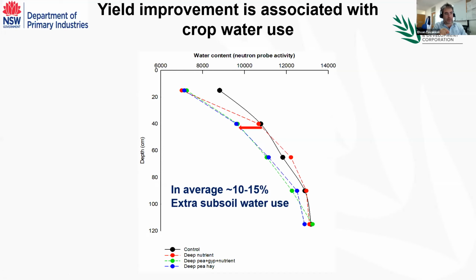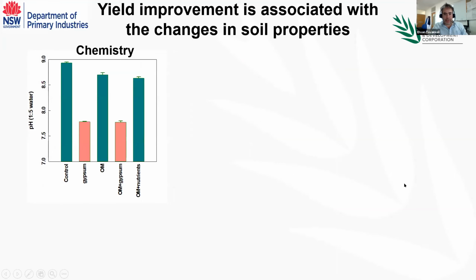And a back of envelope calculation there is for an extra 10 mils of water, if you make that available and the crop has access to it, that's about 0.5 ton per hectare of extra grain yield. Okay, so that's the conversion based on modeling.